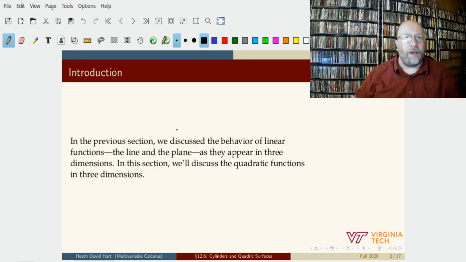In the previous section, we discovered the behavior of linear functions, the line and the plane, as they appear in 3 dimensions.